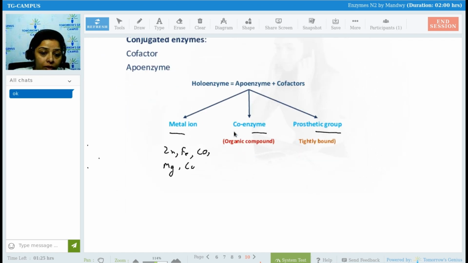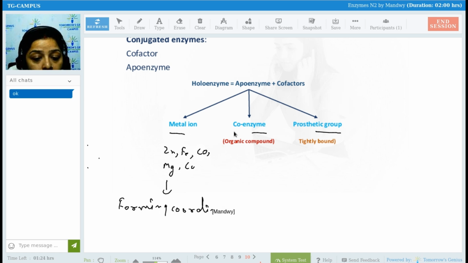Please remember that. These metal ions form the coordination bond with the side chain at the active site.